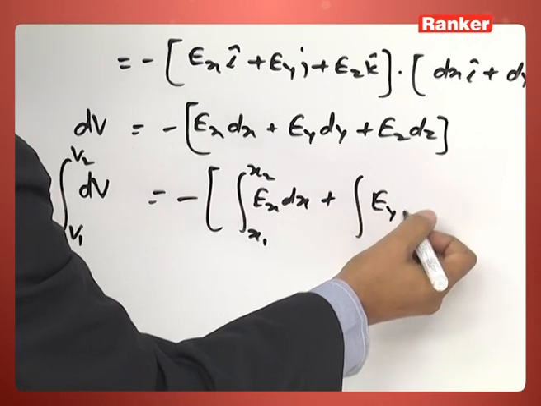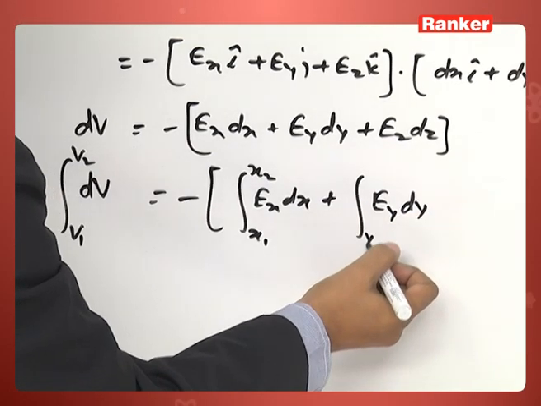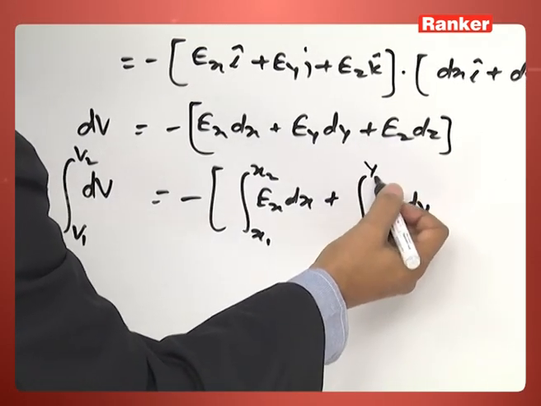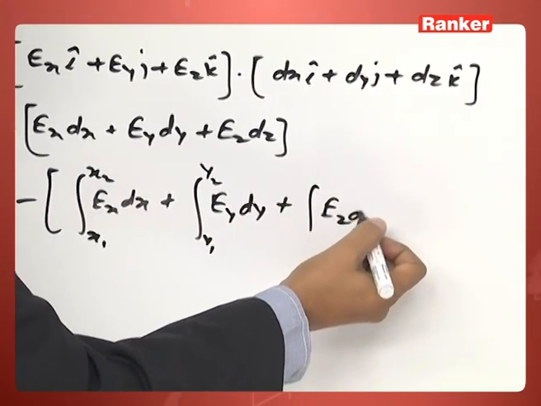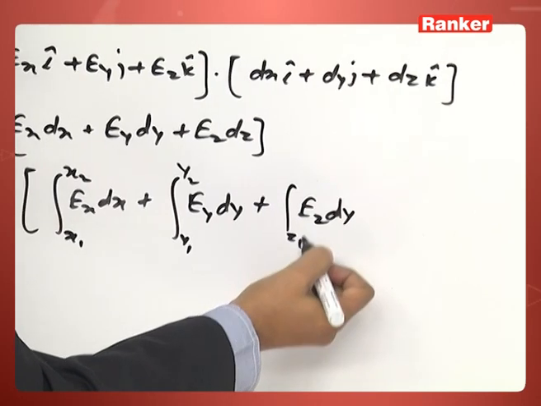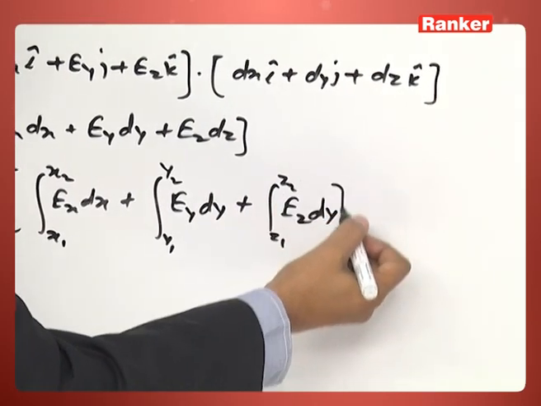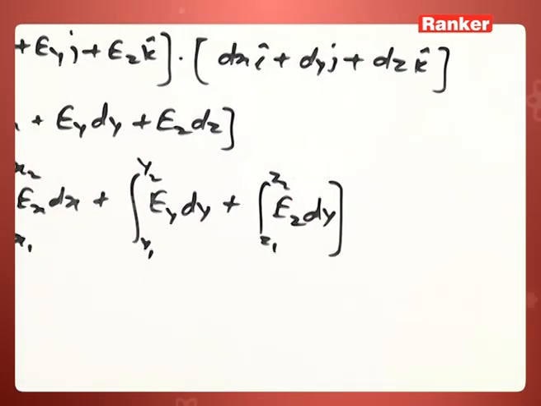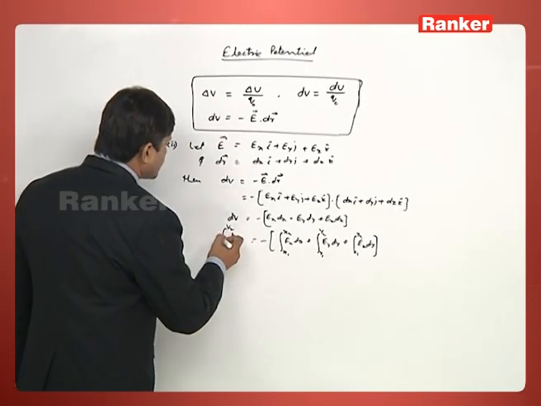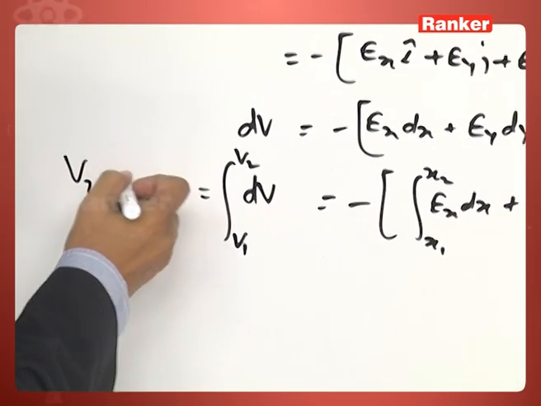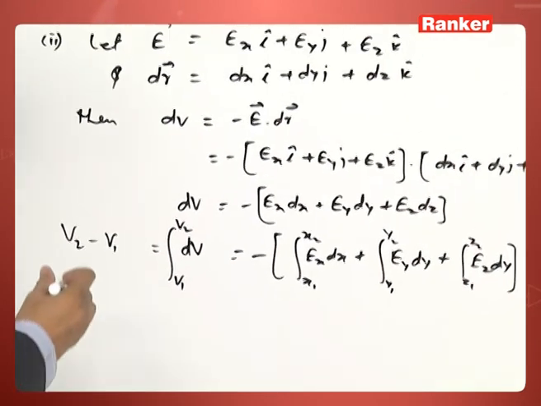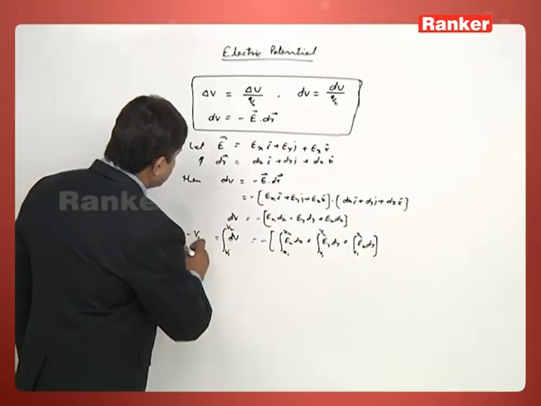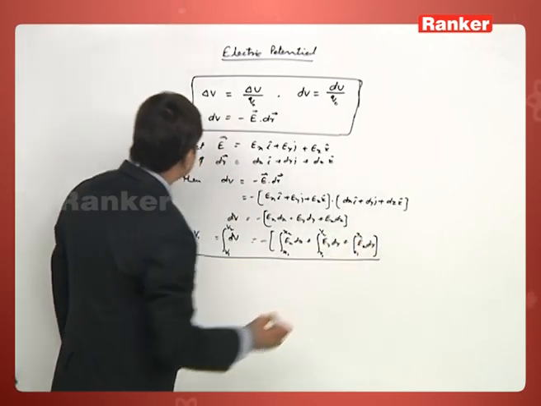Similarly, y coordinate in position 1, y coordinate of position 2, and then z coordinate of position 1, z coordinate of position 2. In this manner, that gives us potential difference between point 2 and 1. So this is the one conclusion we can draw.